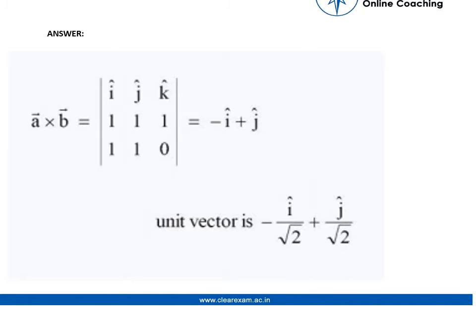So we had vector A as i plus j plus k and vector B as i plus j.